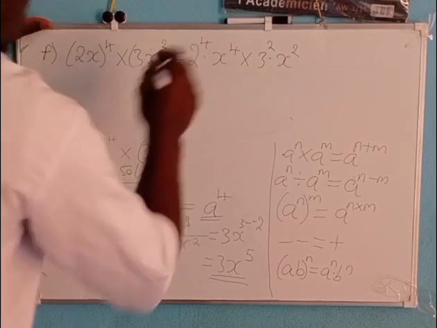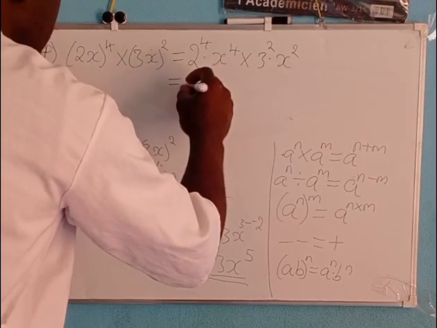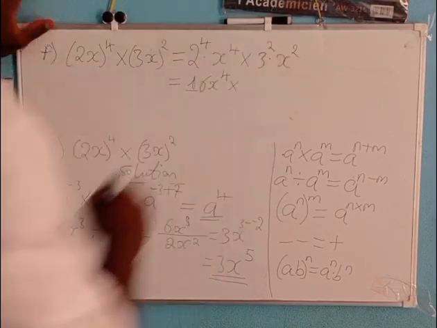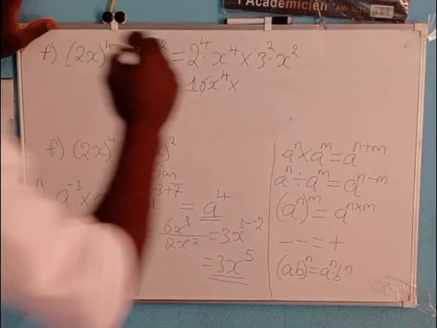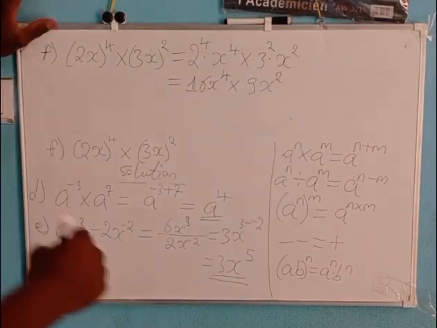This will simply be equal to 2 raised to the power 4 gives us 16. We have 16 x to the power 4 times 3 squared gives us 9 times x squared.